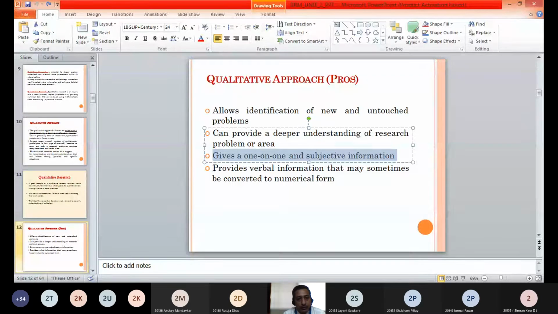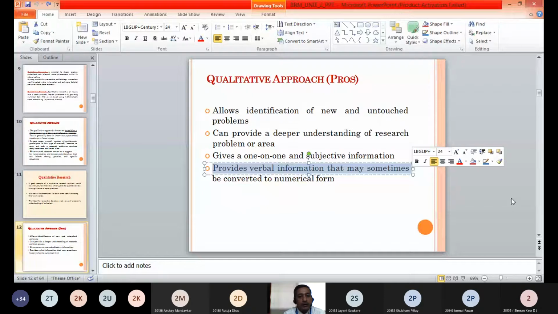And this qualitative approach provides verbal information that may sometimes be converted into numerical form. So some verbal information which you receive from respondents can be converted, if required for a particular reason, into a numerical form which can be analyzed with different statistical techniques for other purposes.